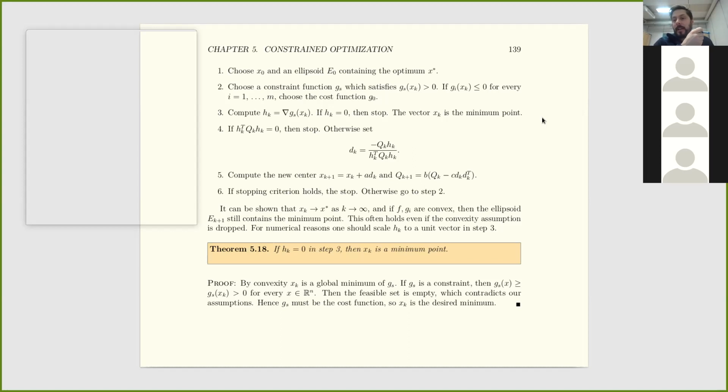So this should not happen. It's a positive definite matrix, so Q times h_k will be an increase direction, and so the negative of Q times h is a descent direction. And we normalize it by dividing it by the square root of h_k transpose Q h_k, right?